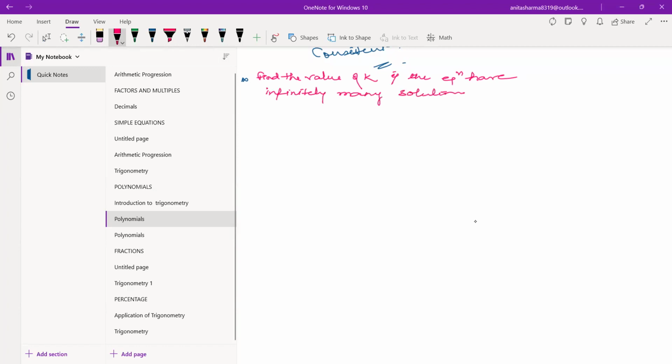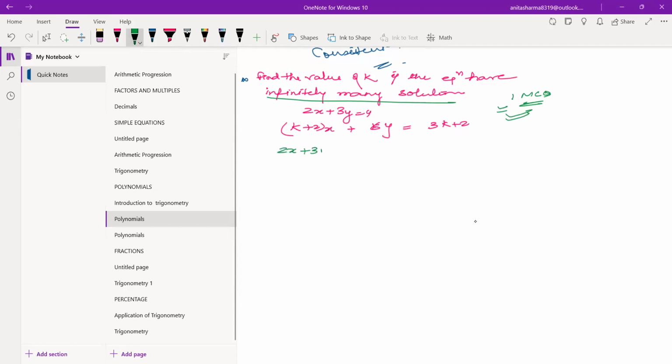The first equation is 2x plus 3y is equal to 4. The second equation is k plus 2 into x plus 6y is equal to 3k plus 2. This type of question will come in your 1 mark MCQ. 100% you will see it in your exam.